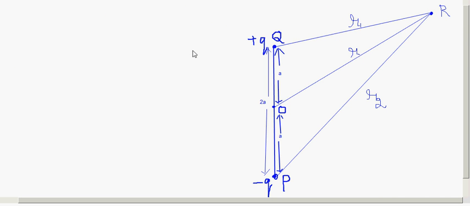Now the electric potential at point R is the sum of the electric potential due to charge minus q and plus q, and electric potential obeys the superposition principle.